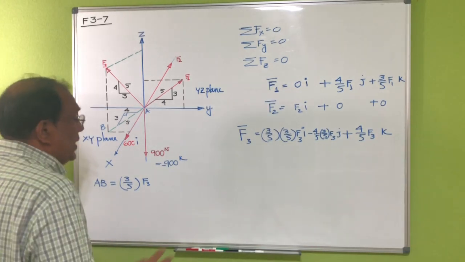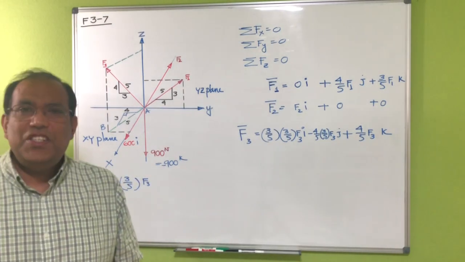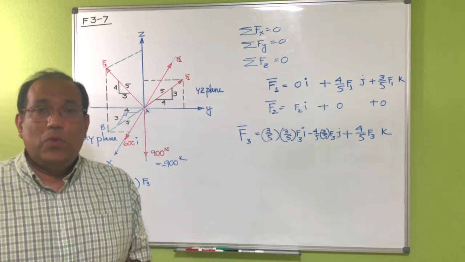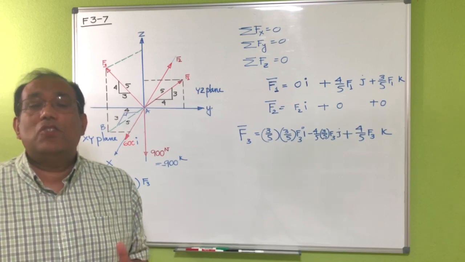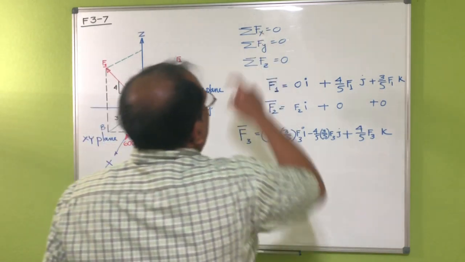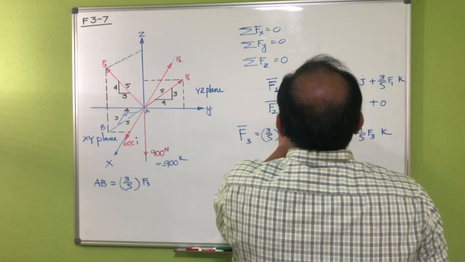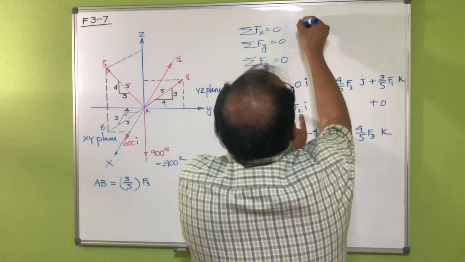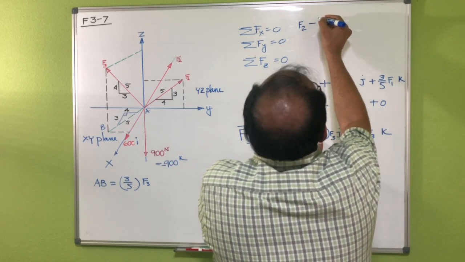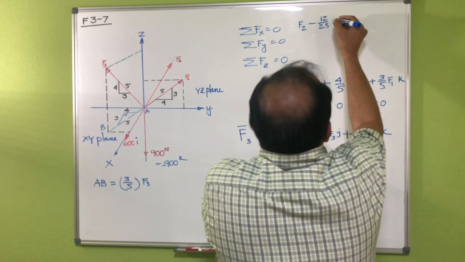Now I have all five forces in terms of Cartesian vectors, so I can add the i terms, j terms and k terms, set each equal to 0, and solve to find F1, F2 and F3. First, the x component: I don't have any x component from F1. I have here F2, and then minus 12 by 25 F3.